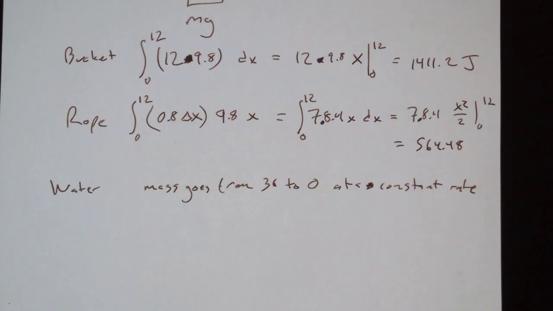But I don't know how long it takes. There's nothing about time in this problem, is there? But I can work out how much water is leaked per meter of lift, right?